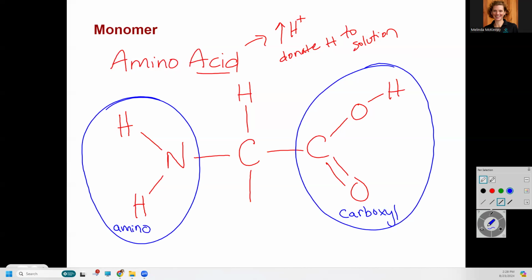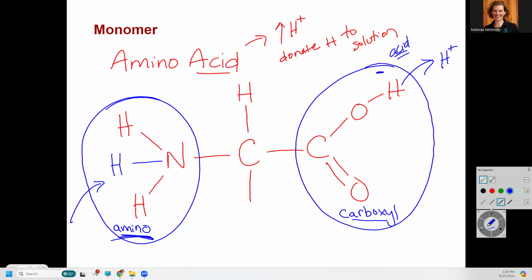And the carboxyl group is going to be the one that gives it the name an acid because it readily donates this hydrogen. That will often pop off, and this will have a negative charge over here. Now, interestingly, over here, this amino, if you remember the chemical property of an amino group is that it will actually take up pretty readily a hydrogen out of solution.